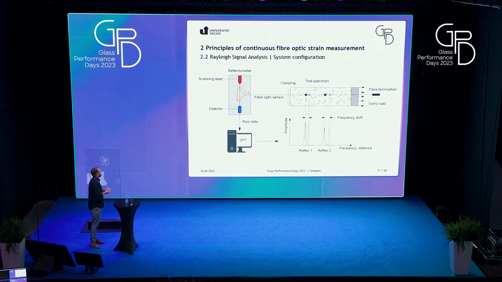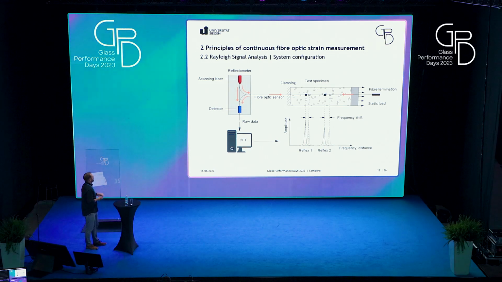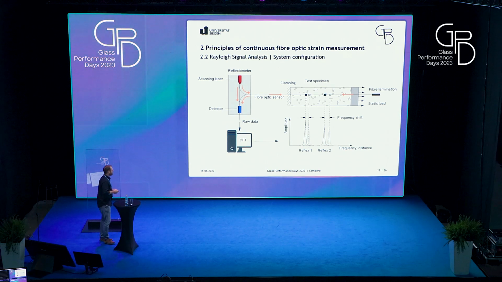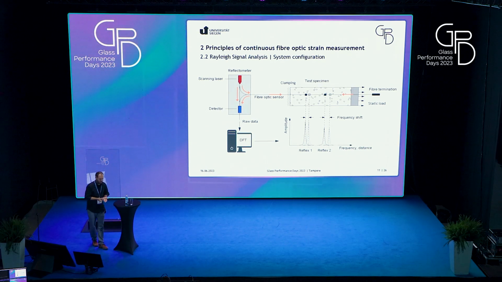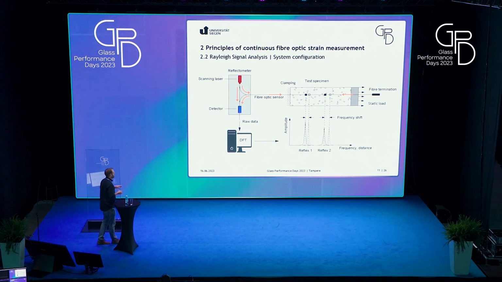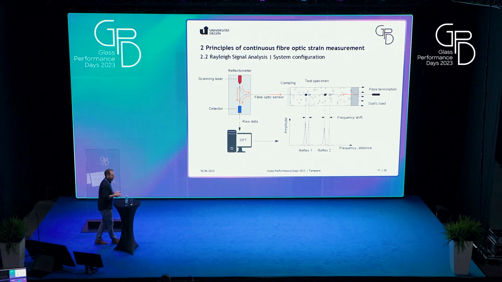Light comes out from the reflector, goes through the sensor, is backscattered, caught by the detector, and the raw data comes to the PC, and a MATLAB routine does the Fourier transformation so that you can process the individual frequency pattern.